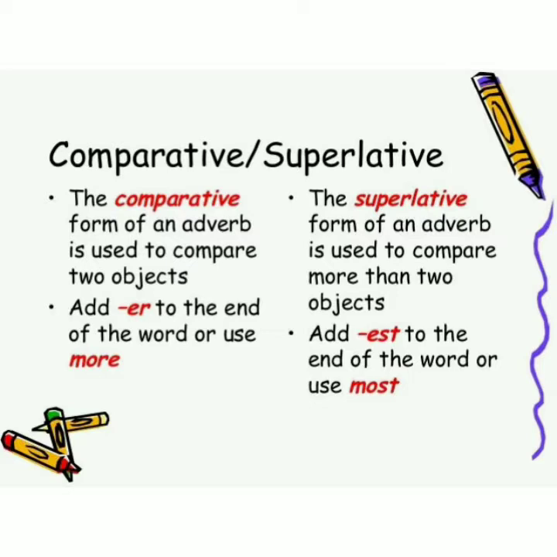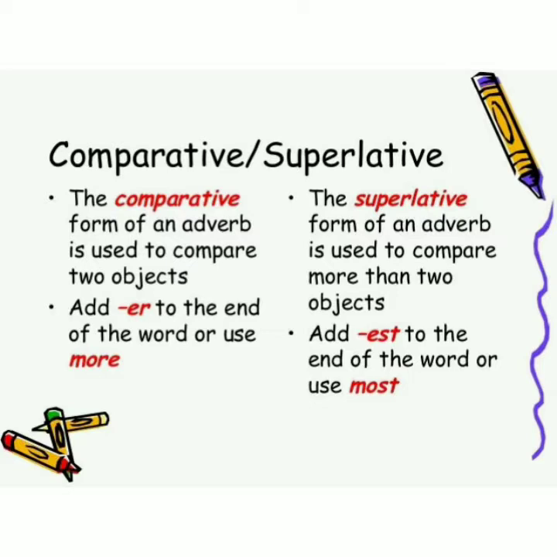Similarly, the superlative form of an adverb is used to compare more than two objects. It means when you want to compare one object with more than one object, like one student with the whole class, we would add est to the end of the word or use most.